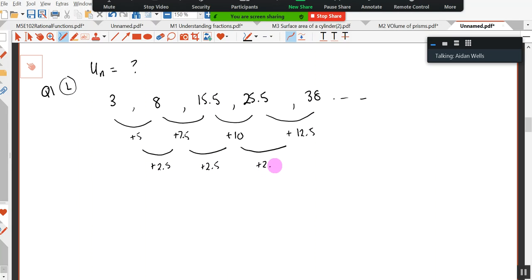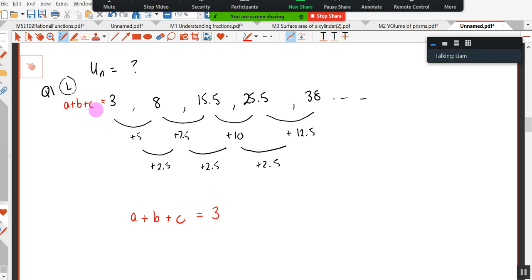Okay. So either way, I can try and remember that this 3 is found by doing which equation algebraically? Yeah, a plus b plus c. Are you all happy with where that comes from?